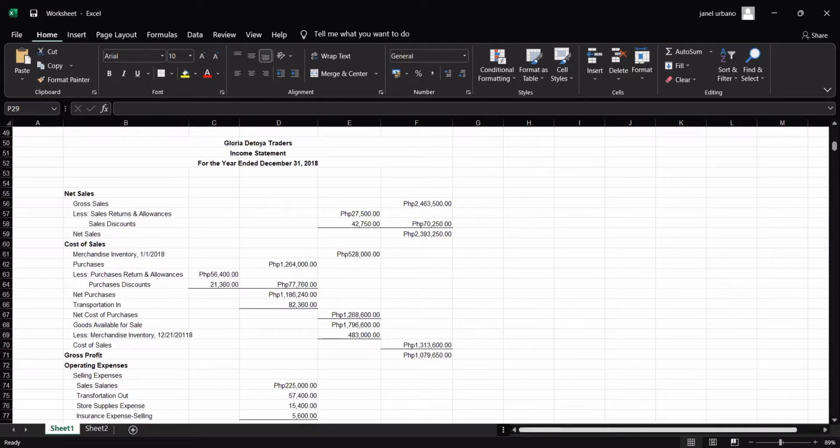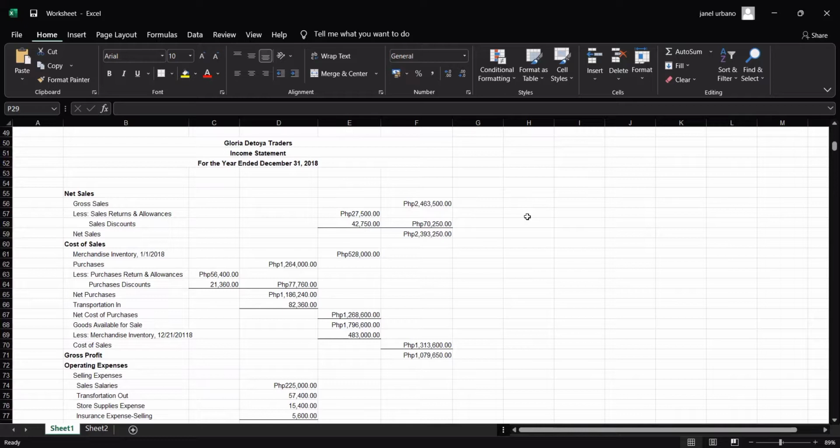Ito na yung sinasabi kong format ng function of expense method. First is let's get the net sales. So, nandyan yung gross sales na 2,460,500 less the sales returns and allowances and the sales discount, we get the 70,250 pesos.